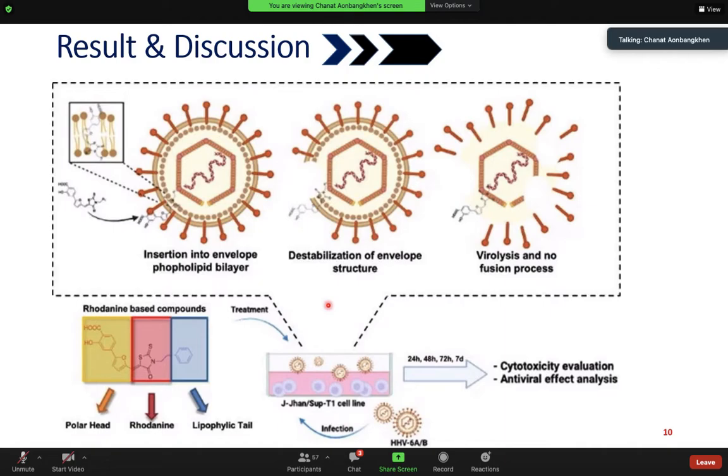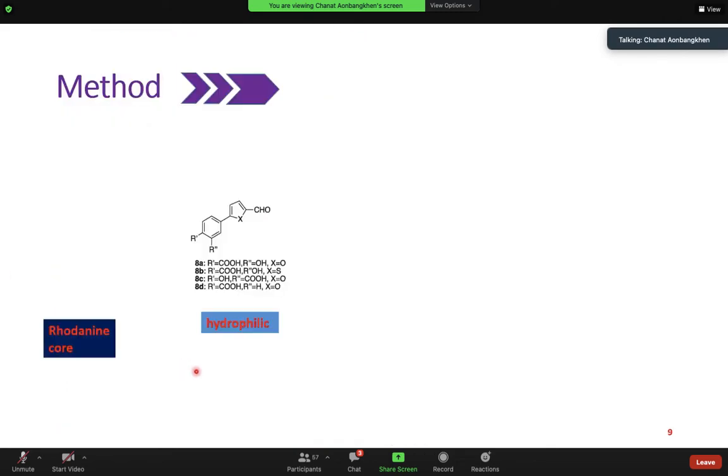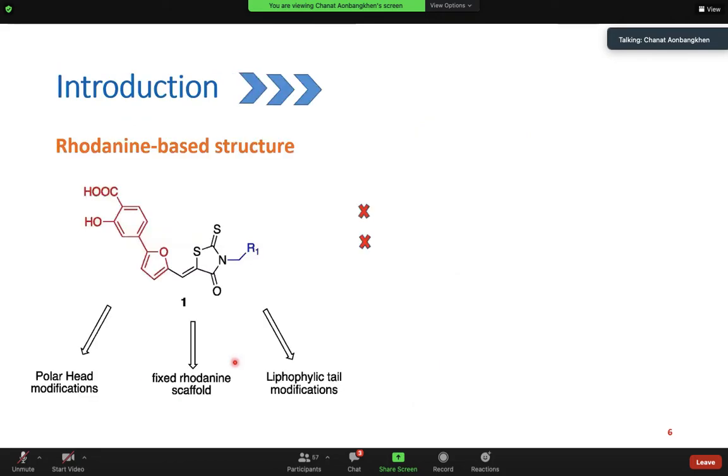I still don't understand the polar and non-polar parts, the lipophilic part that you would like to modify. Can you go back to slide 6 or 7 and explain again what you try to do in the polar head and the lipophilic tail of your compounds, and to test for the bioactivities?